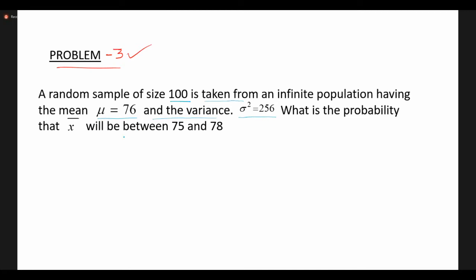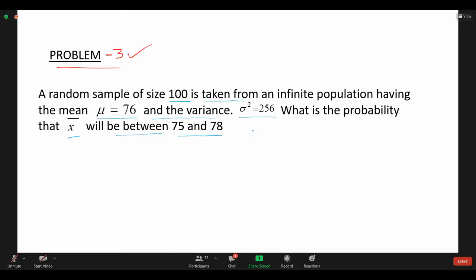What is the probability that x bar will be between 75 and 78? This type of model we discussed in the previous class. Here x bar is there.